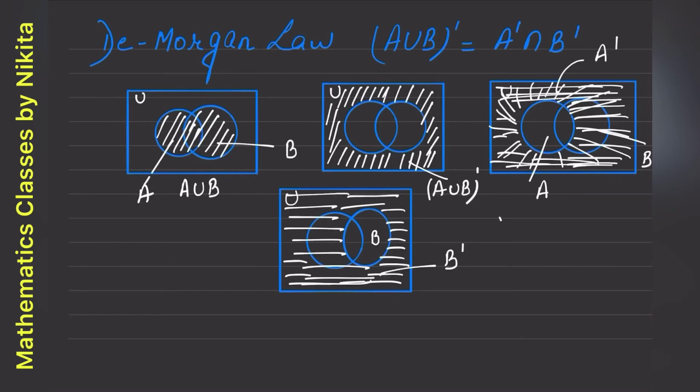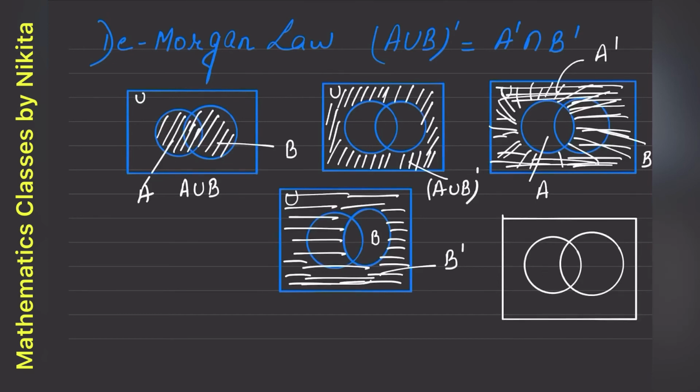Now next, we have to take the intersection of A complement and B complement. Now you just compare, you take the intersection of figures 3 and 4. So what will you get?